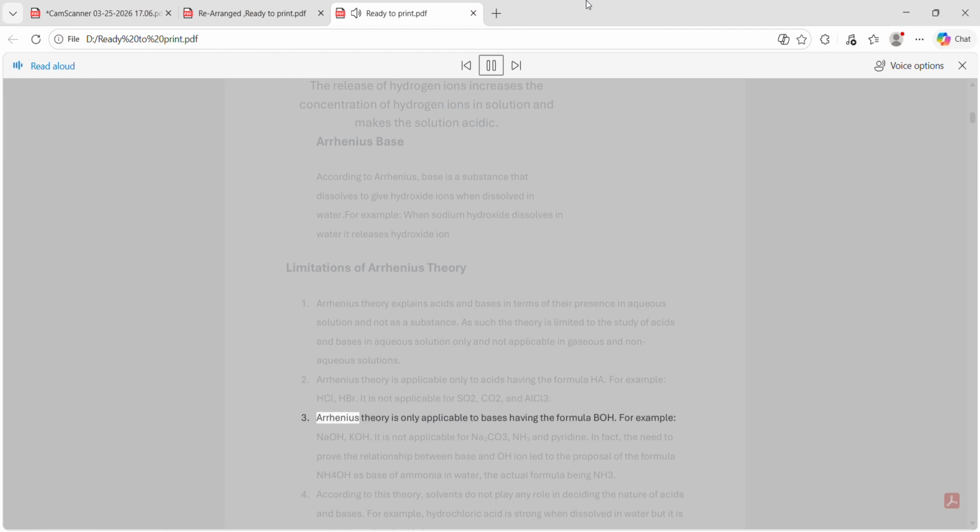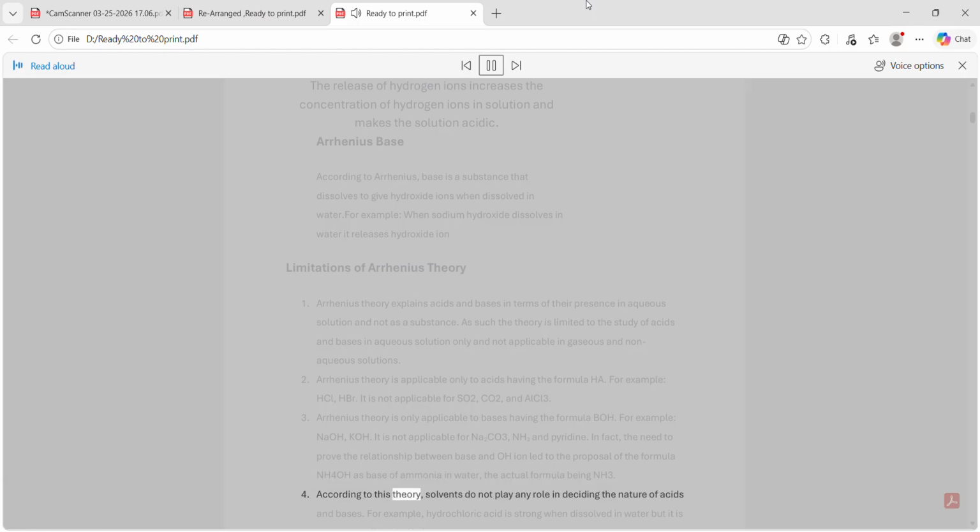3. Arrhenius theory is only applicable to bases having the formula BOH. For example, NaOH, KOH. It is not applicable for Na2CO3, NH3 and pyridine. In fact, the need to prove the relationship between base and OH ion led to the proposal of the formula NH4OH as the base of ammonia in water, the actual formula being NH3. 4.